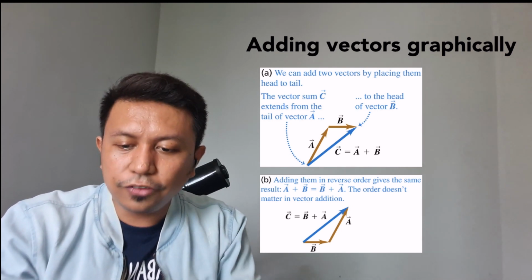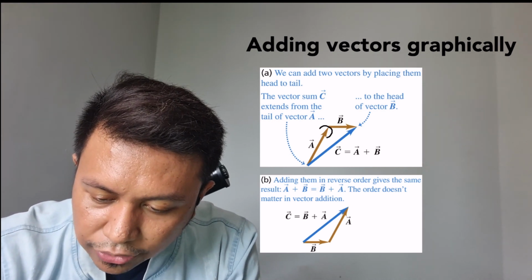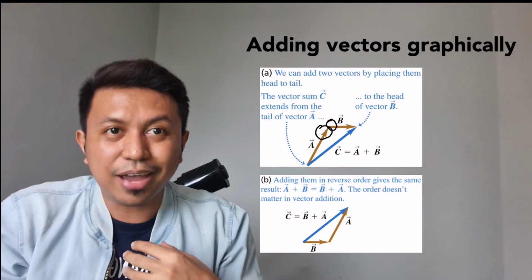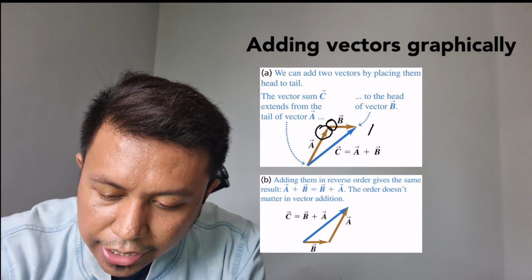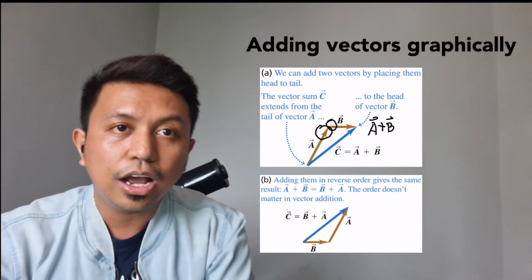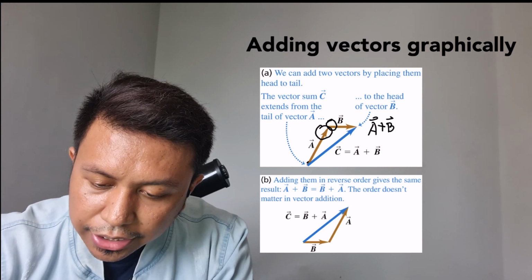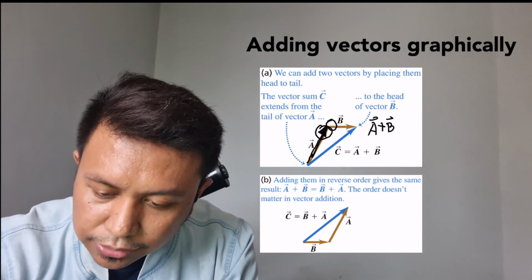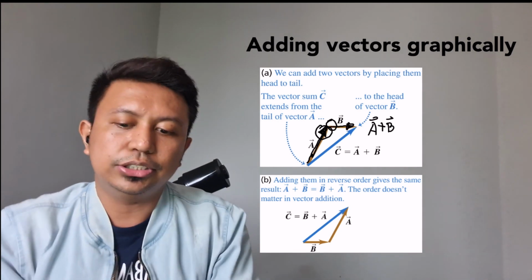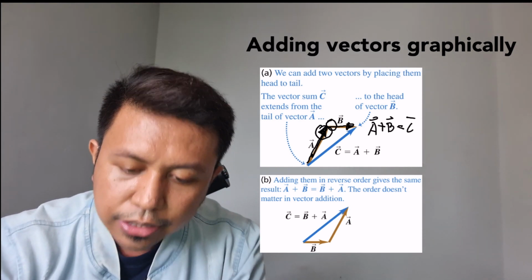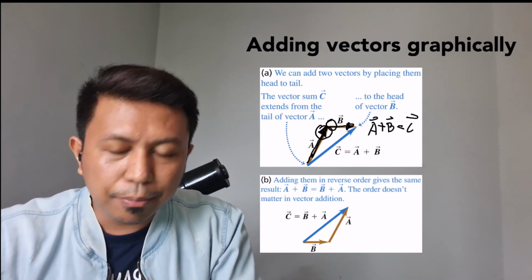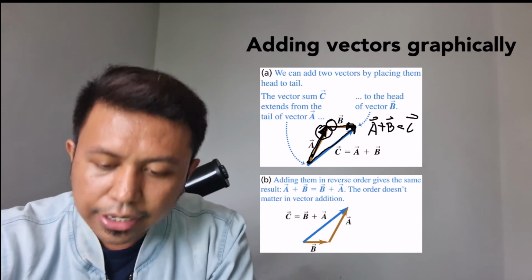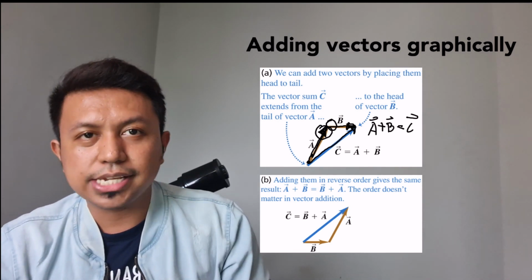If you notice, the head of vector A is connected to the tail of vector B. So if you want to add vector A plus vector B, you have to put vector A here and connect the head of vector A to the tail of vector B. So that's now vector C, which is now A plus B. You just go from the tail of vector A to the head of vector B. Now that is your vector C. That's how we represent it graphically.